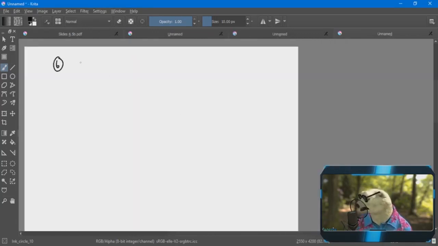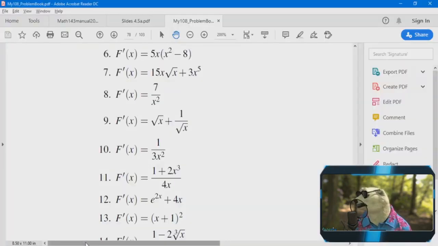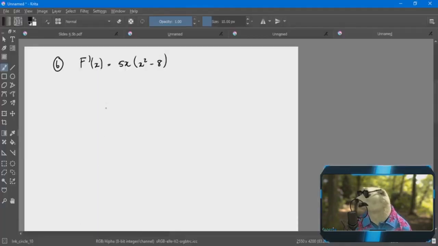Number 6, I have as a derivative target 5x(x squared minus 8), I believe it was. Now, when I take the derivative of a function, I have a product rule.